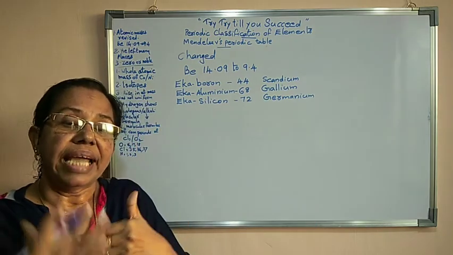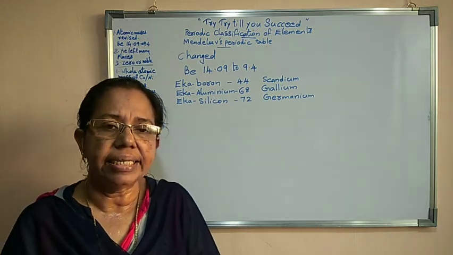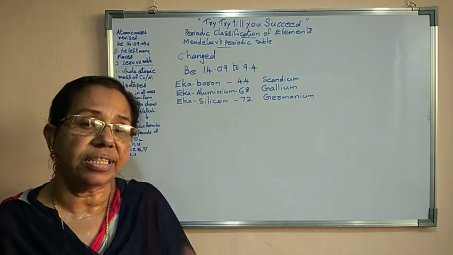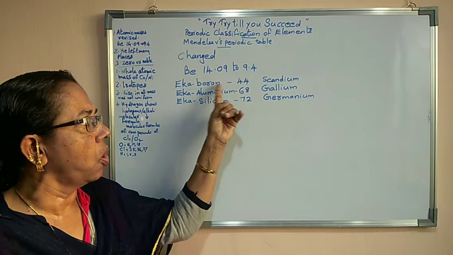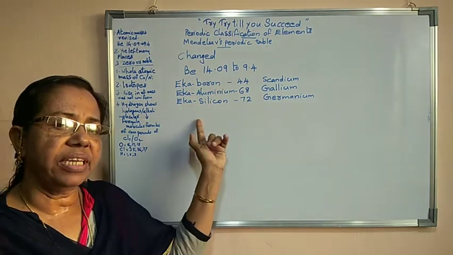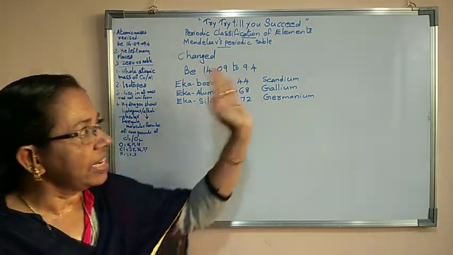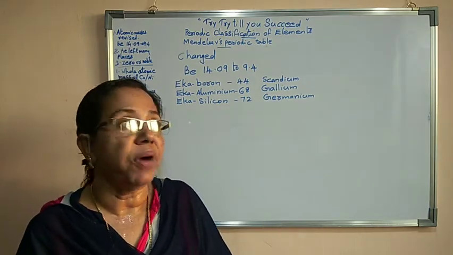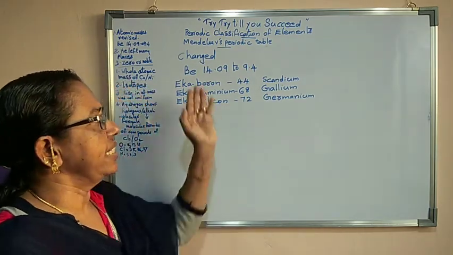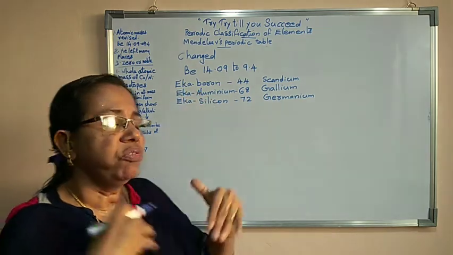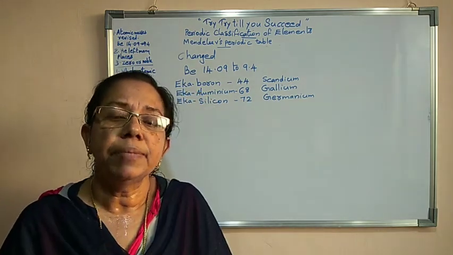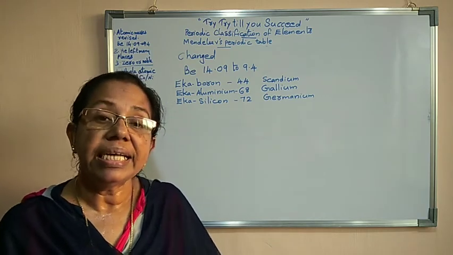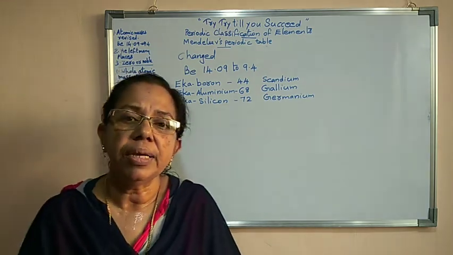All the characteristics he explained about these elements before discovery, physical character, chemical character as well as their nature, just matched when seen after discovery. They found that all the characters of these three elements which he had predicted were matching well. As a result, he became very popular.